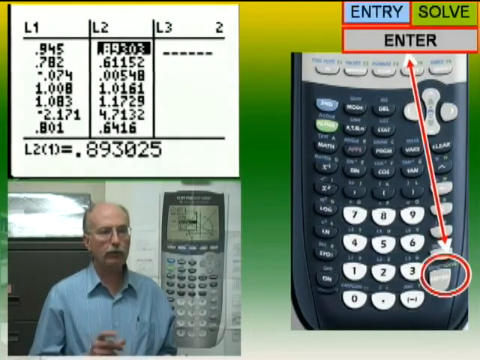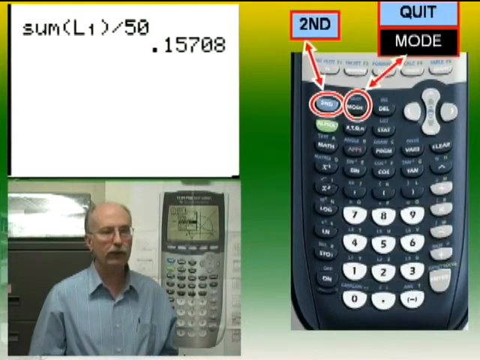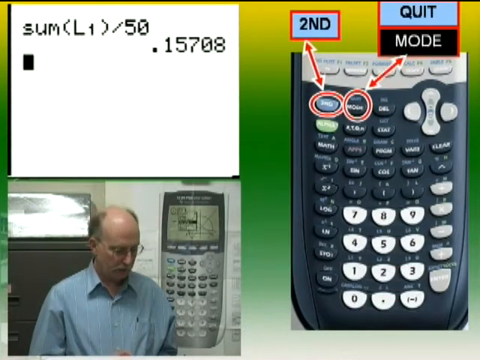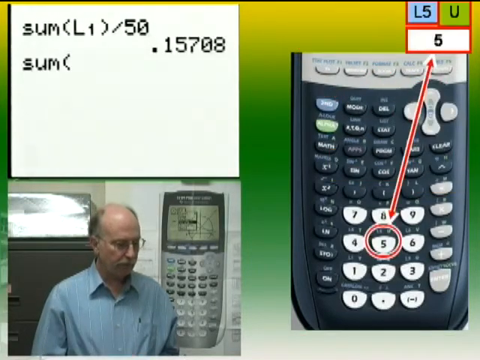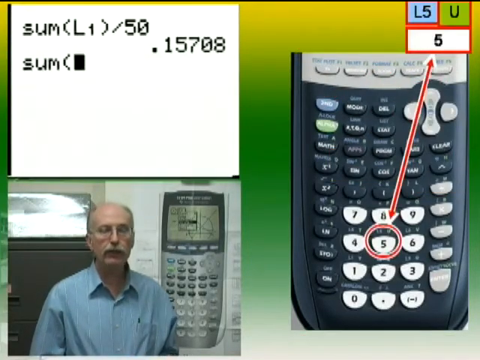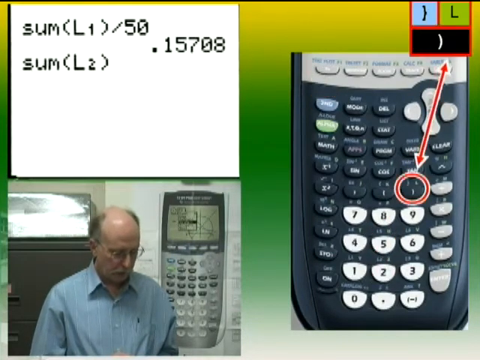And now we're going to go to our home screen and calculate the standard deviation. Second quit to get to the home screen. The first thing we needed is the sum of the values squared. So it's second list, scroll to math, fifth function for sum. The squares of the values are in column 2, so we're going to hit second L2, closing parentheses.